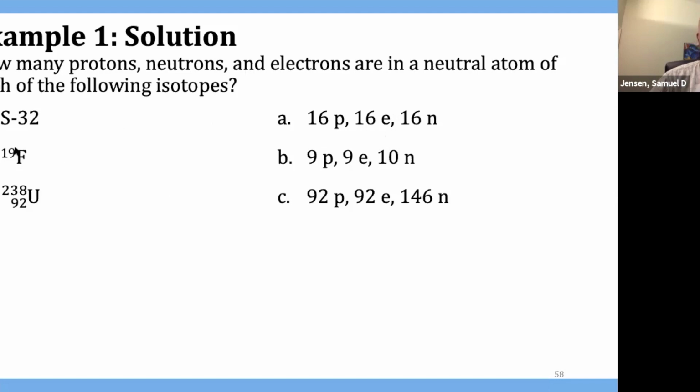Fluorine 19 has 9 protons, so 19 minus 9 tells me I have 10 neutrons. Uranium 238 has 92 protons, so 238 is the protons plus the neutrons. If I subtract these two numbers, I'll be left with the number of neutrons. From a designation, you should be able to break out these different parts.